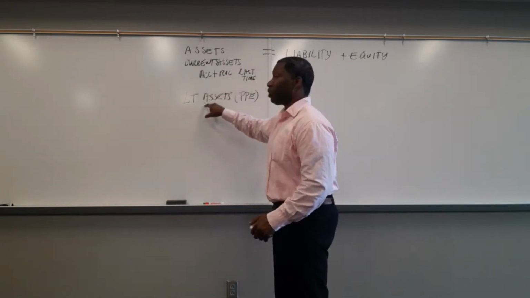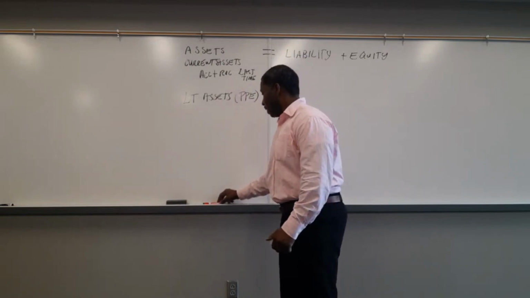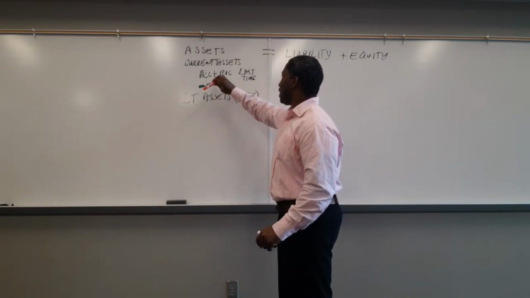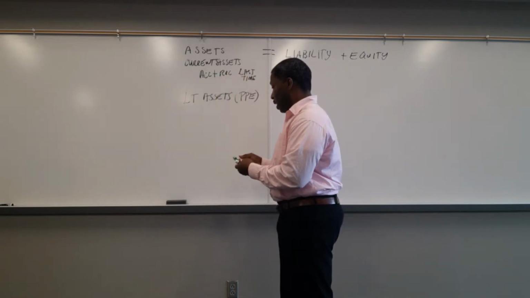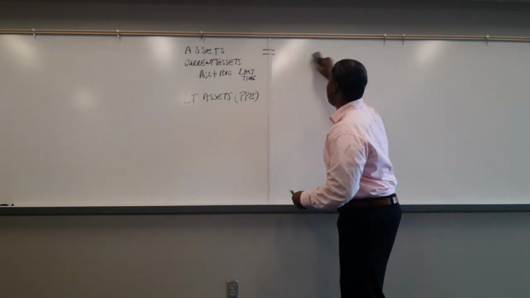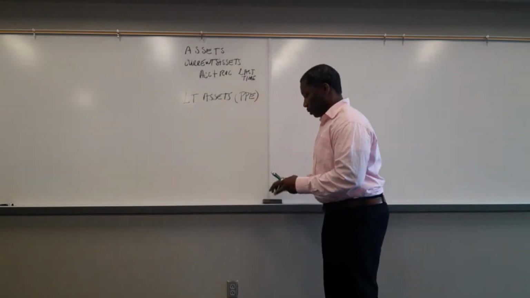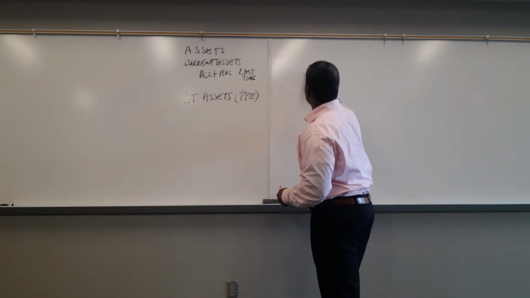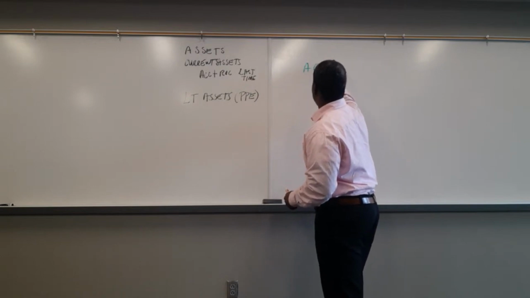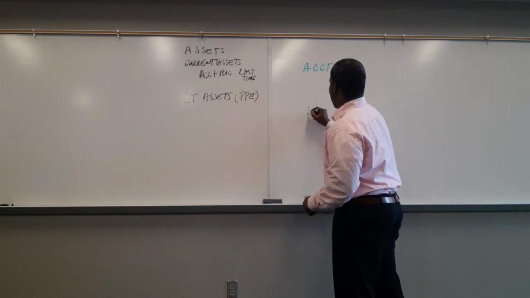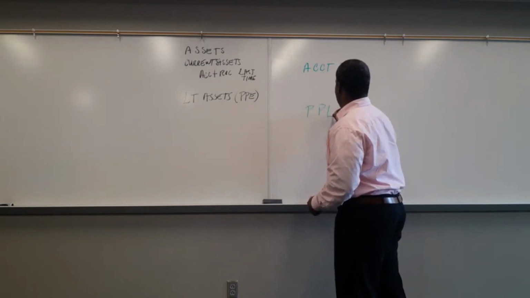Now, once again, we're focusing on long-term assets, not current assets, but I do want to point out one similarity, okay? At this point in time, I'm going to erase this because we're not going to be dealing with this, but I want us to understand where we are. So, we have talked about accounts receivables, and now we're going to talk about property, plant, and equipment.